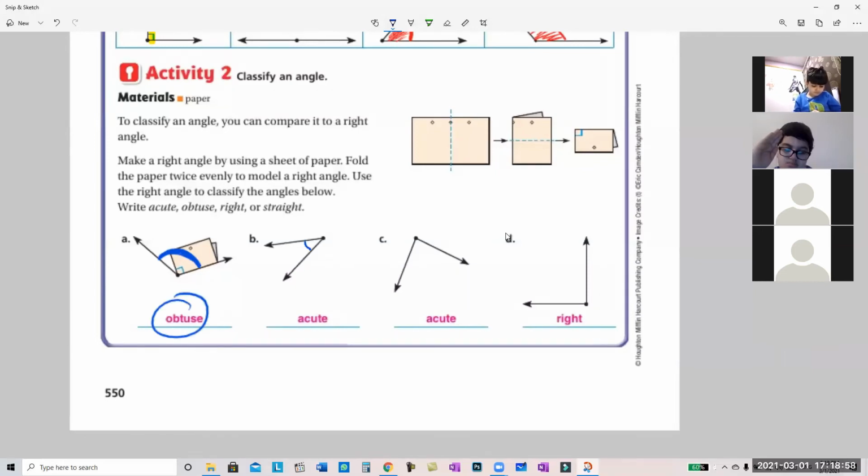For letter B, we have a small space between the two rays, so it will be acute, and we have a small space here also, so it will be acute. And we have an L shape, L shape, L shape, and a square corner here, so it will be a right angle. Okay, write this, guys, and then we're going to move to the next page.